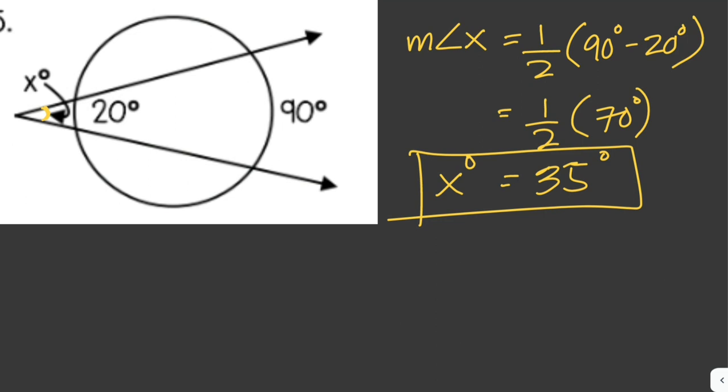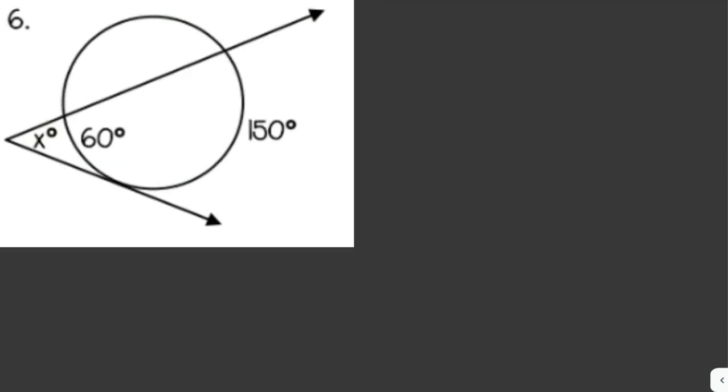How can we solve the other problem, the one I previously showed you? It will be solved the same way as this. This is a secant line and a tangent line, but to solve this, it will be the same as when two secants intersect outside the circle.